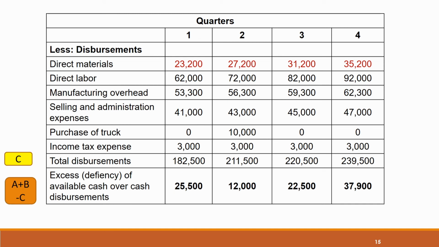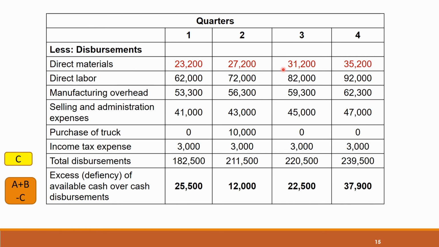Okay, the next one, we have to record cash disbursement. So how many items are there? Number one, direct materials. This amount we get from the schedule of expected cash payment for direct materials we have prepared just now. So the first quarter, 23,200. The second one, 27,200.